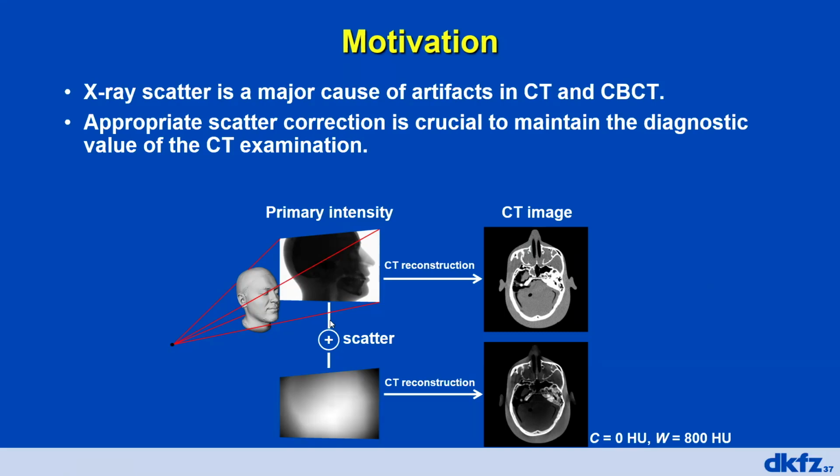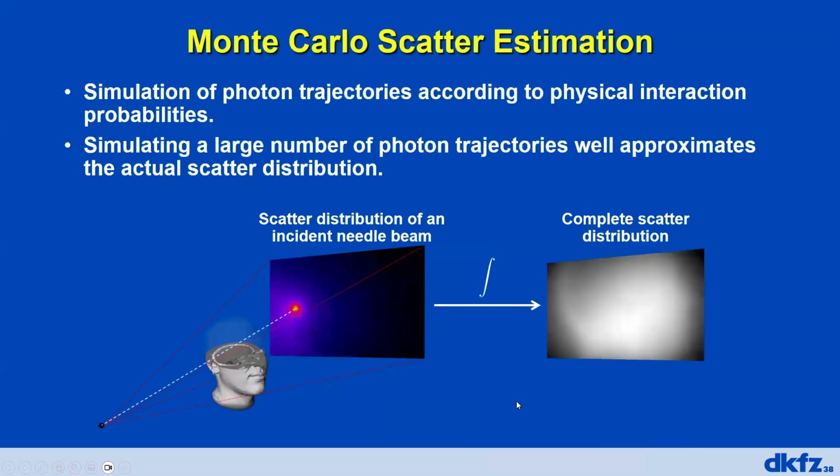If we would only have primary radiation and reconstruct it, we would end up with a very nice reconstruction. Unfortunately, our measurements always contain scatter, and the combination of primary and scatter results in images shown here, which do not have diagnostic quality. So we somehow need to get rid of these scatter artifacts.